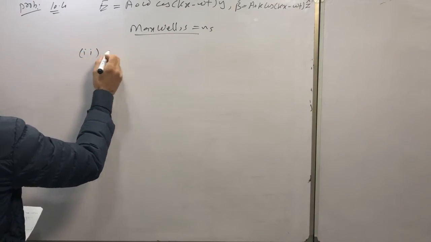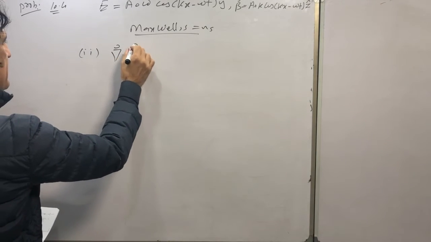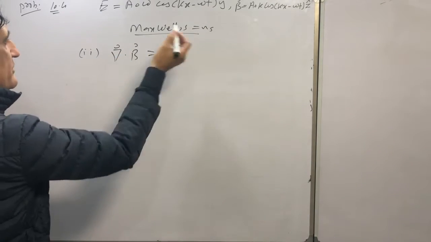The second Maxwell equation, del dot B equals 0, is also very simple.